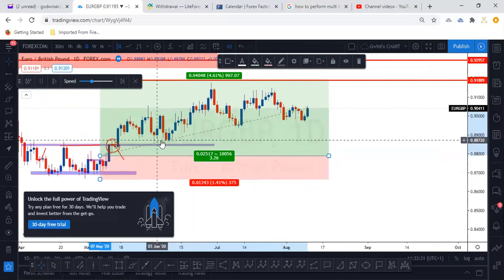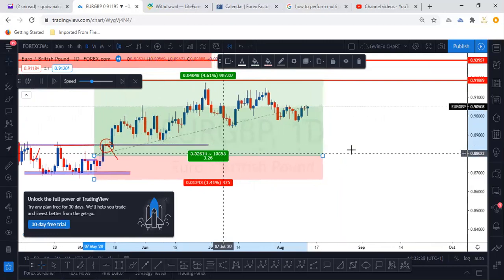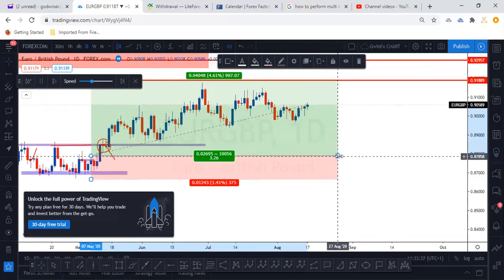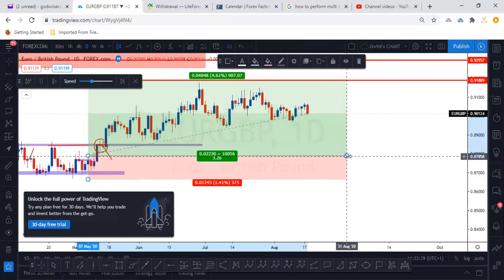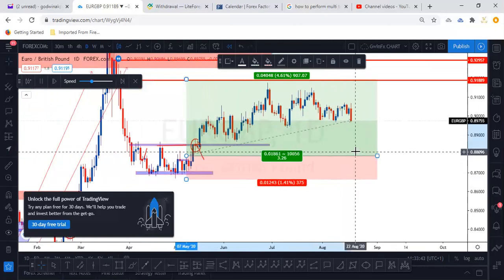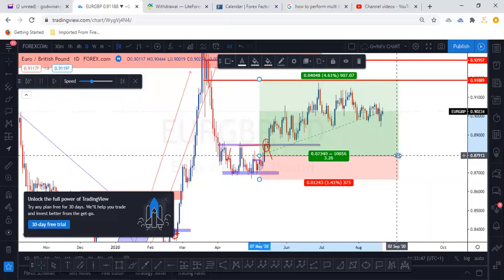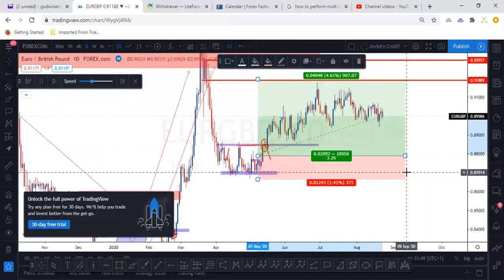So we have our stop here to break even right now, so we can stay as long as possible in the trade, and we can continue holding to our take profit 2 or 1 rather. And let's see, extend the trade. Extend the trade. Wow, so how long?